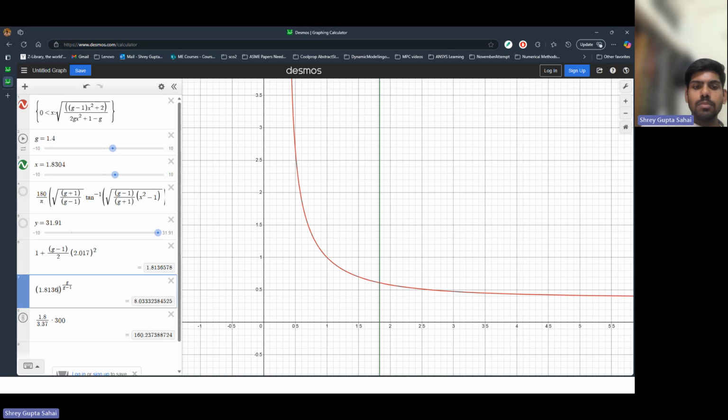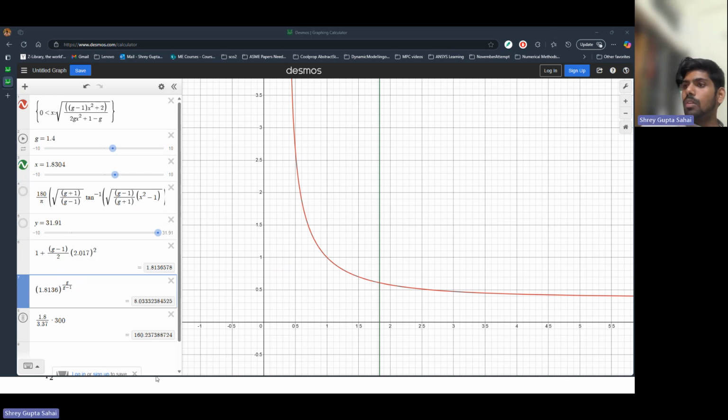So this is 8 times, around 8.03. And then let me also get the value of T naught 2 by T2. I know that you can't see the screen right now. What is that ratio? The ratio is 1.8136.